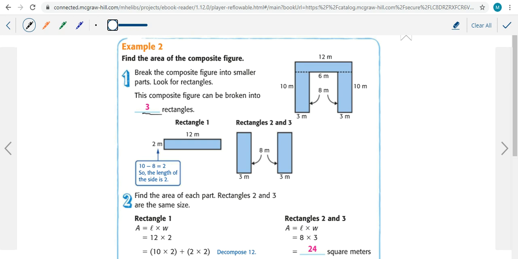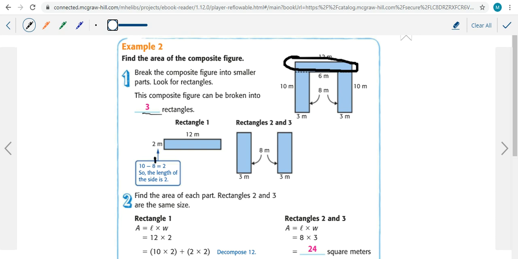we know that we're going to decompose this first rectangle. We know that the length is 12, and how do we know that this part is 2? Well, we need to subtract 10 minus 8, which is equal to 2.